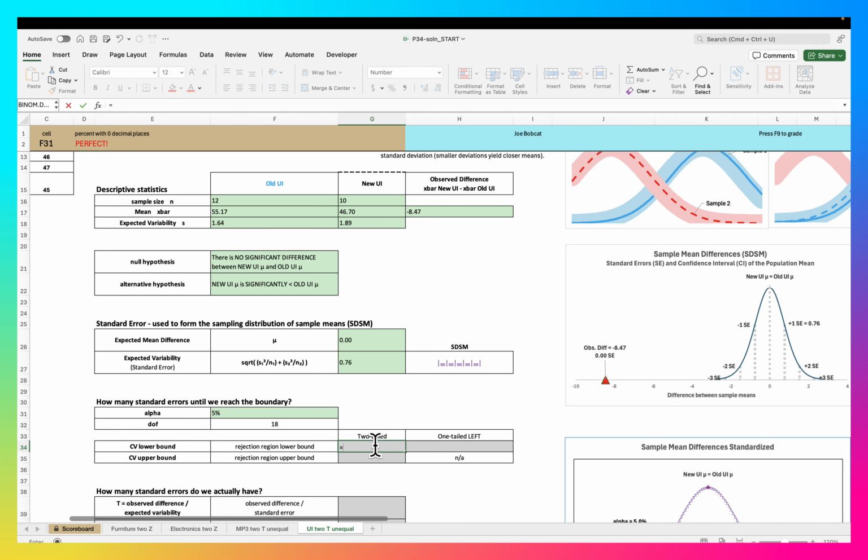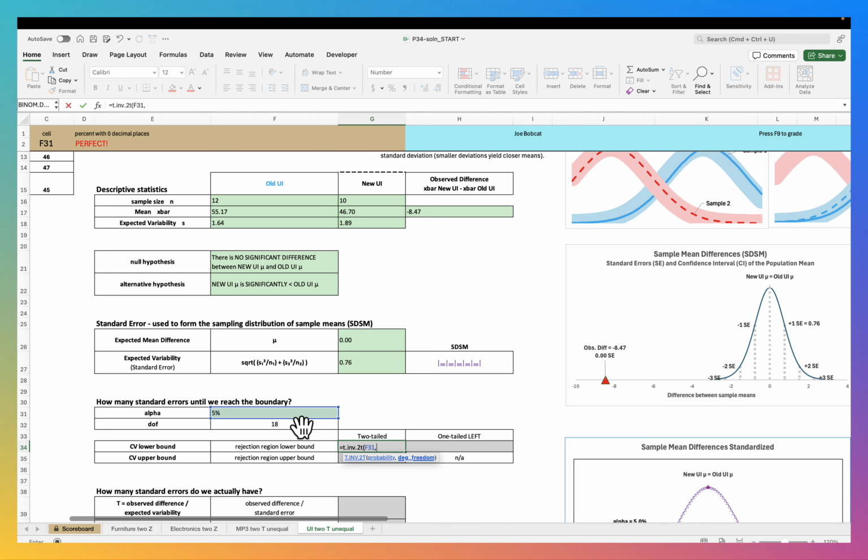And then the critical value lower bound is going to be equal to t dot inverse, sorry, not t dot dist, t dot inverse dot 2t.